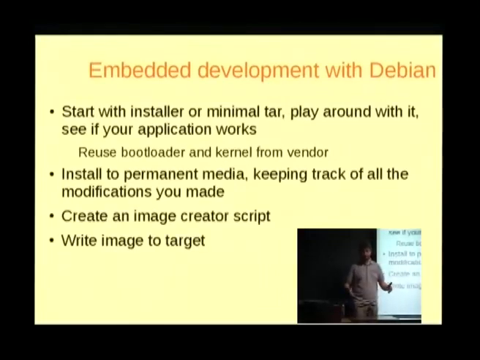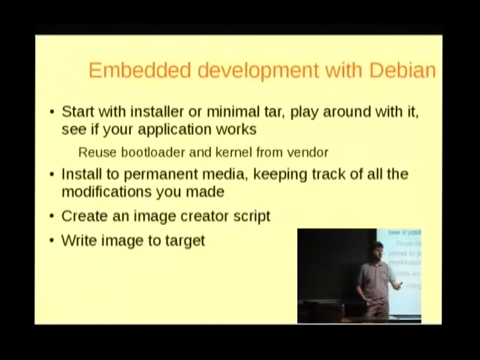However, most distros, and especially Debian, have, for ARM at least, and for some others, an image which contains a file system or a net installer, and you can just copy this file system to an SD card, for instance, or something else that you can boot from, and then reuse the bootloader and the kernel that are given by the vendor.